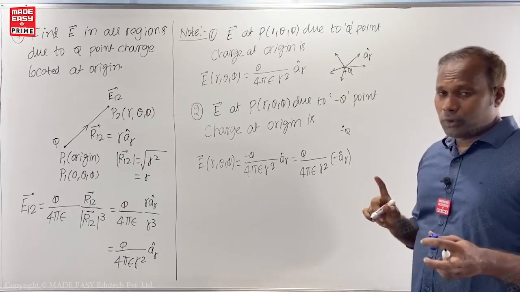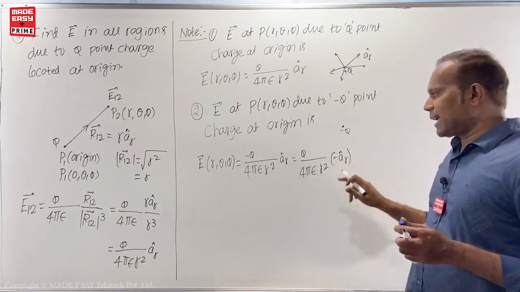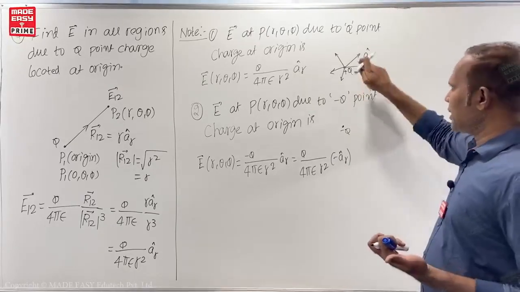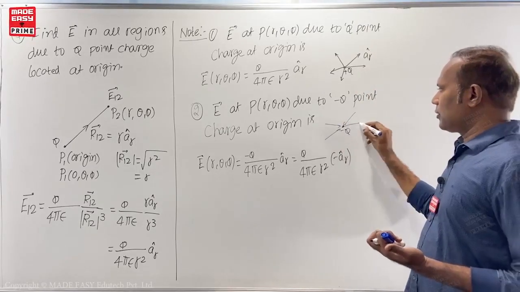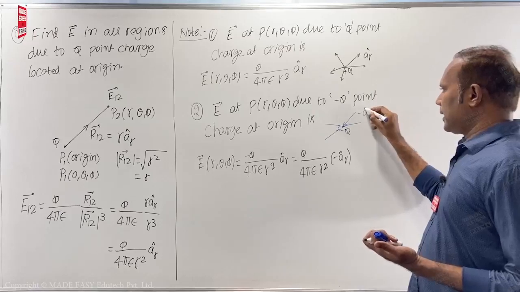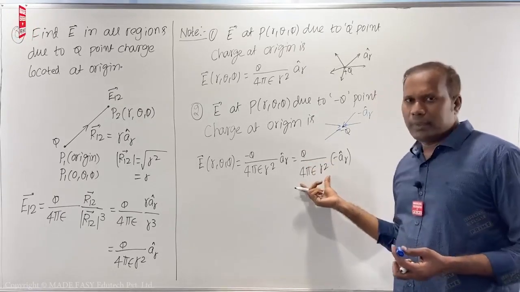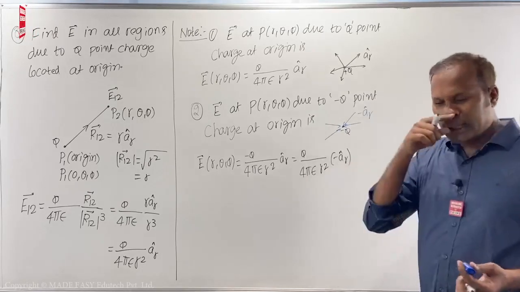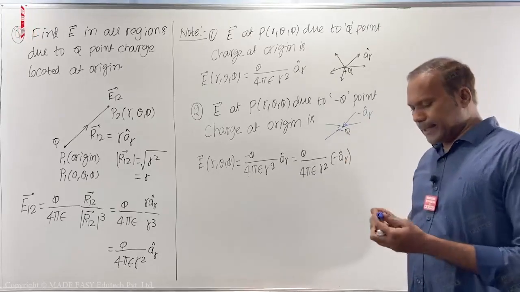I told you aR cap is in the direction of increasing r value, minus aR cap is in the direction of decreasing r value, or otherwise simply aR cap is outwards, opposite will be minus aR cap. So no need to discuss minus aR cap. Here now I wrote magnitude. Magnitude means it is positive. And direction also has sign, like this minus aR.